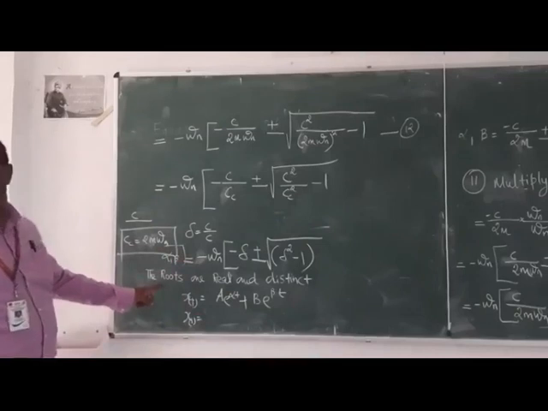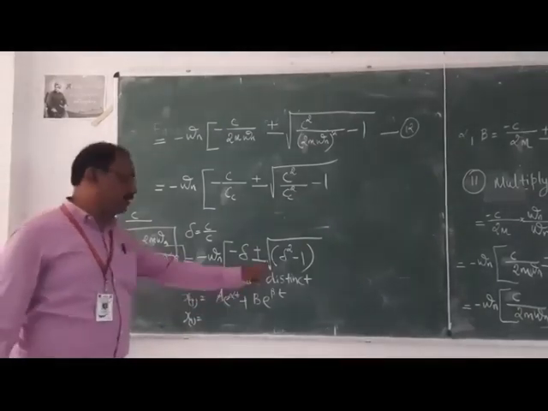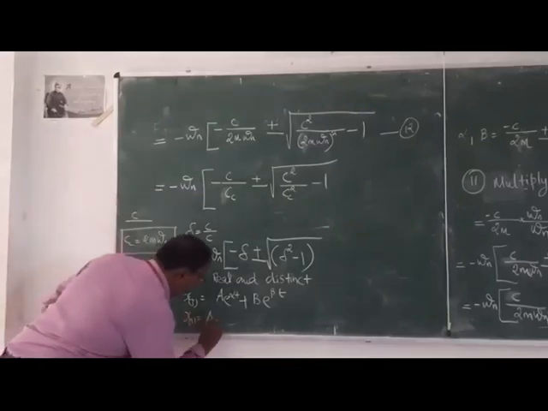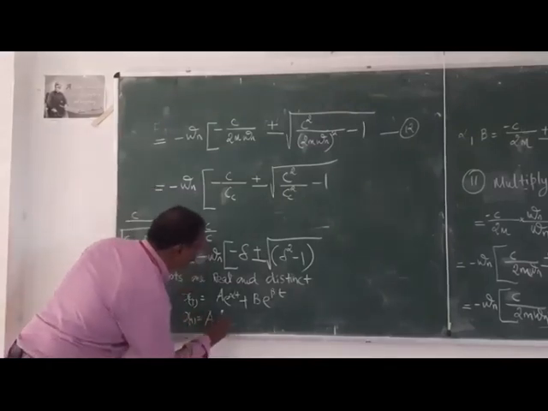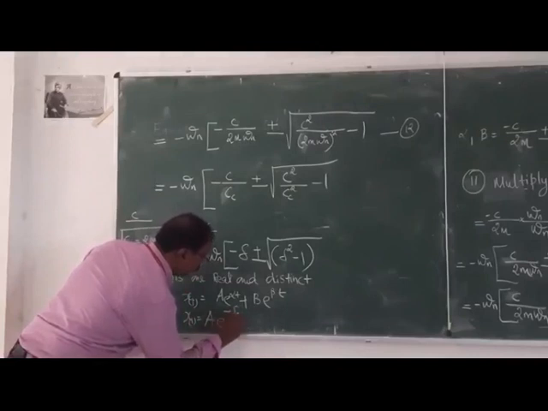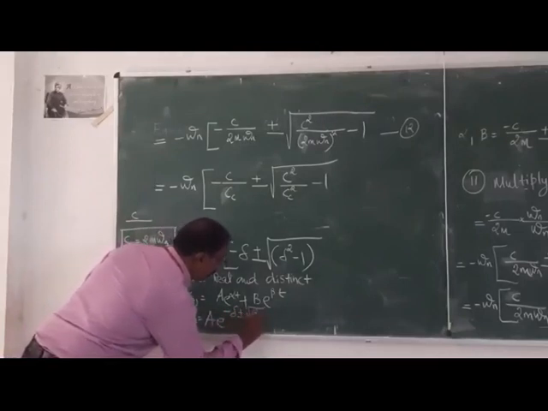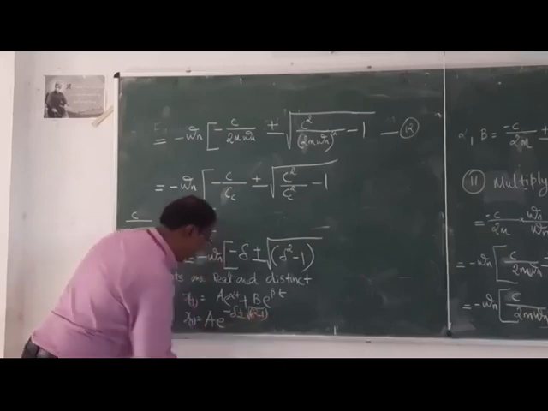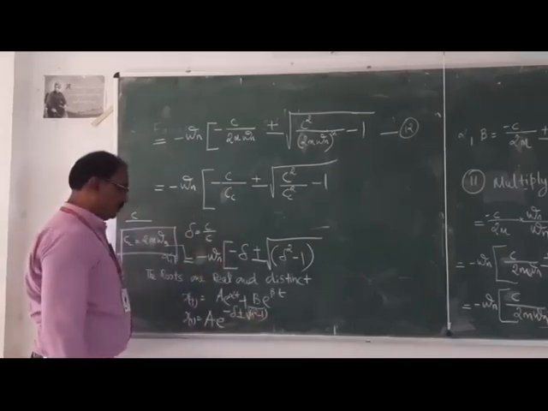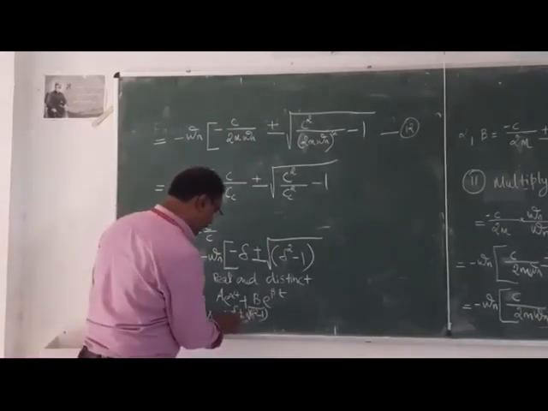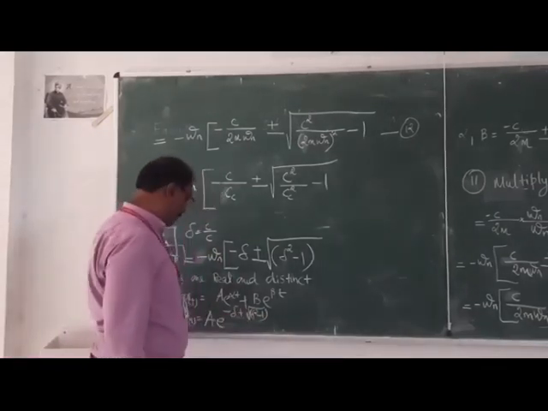What is this one? Roots are real and distinct. Correct? A is equal to A e power minus rho plus or minus root of rho square minus 1. The first one you take plus.